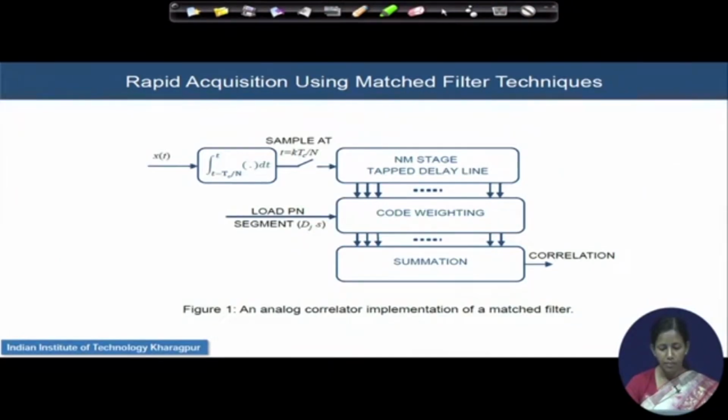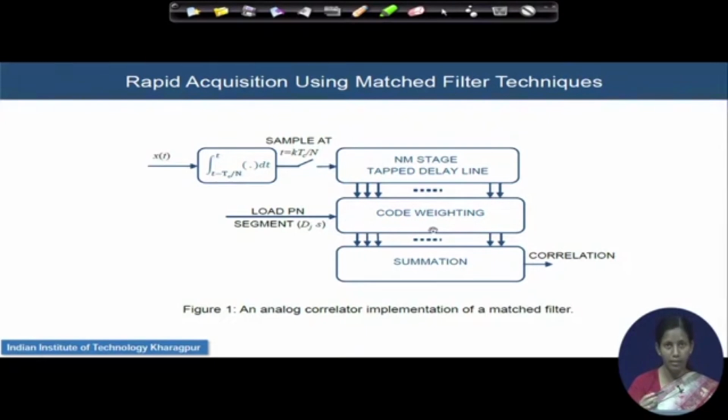This is an analog correlator implementation of the match filter, where the match filter architecture was expressed by the tap delay lines that we showed in the last module, and the dj's are fed here as the code weights.